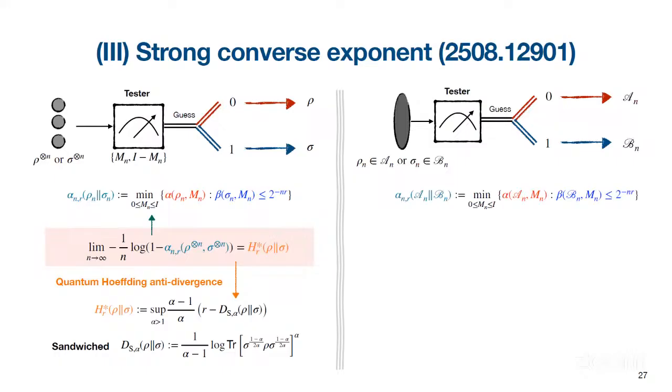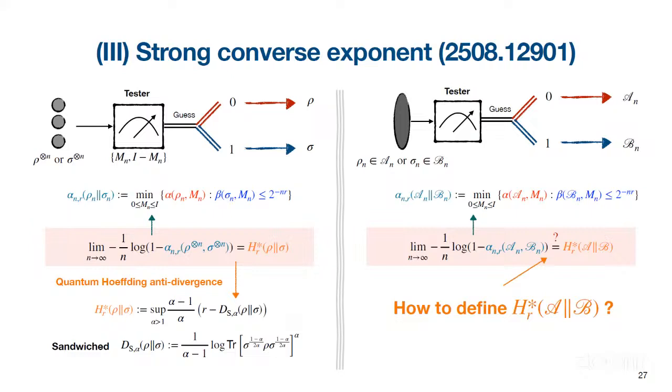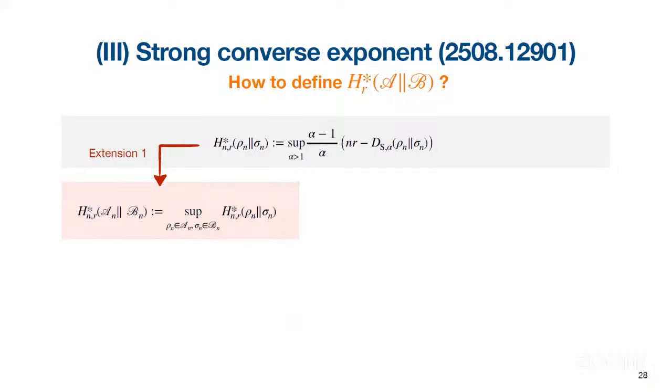Now we extend to the composite correlated scenario, define it in a similar way, and ask the same question. The difficulty, or the challenge, is still what is the suitable quantity that governs this general task. How to define this anti-divergence between two sets of quantum states? Again, you have two kinds of extensions.